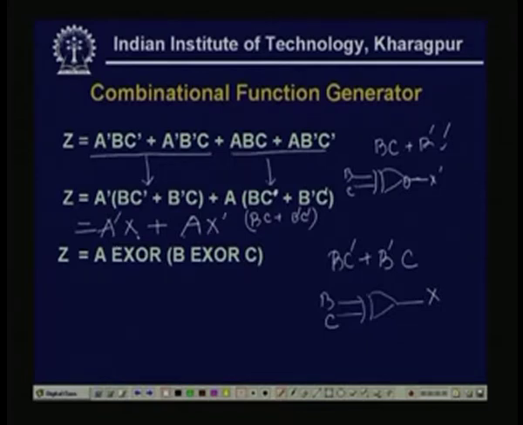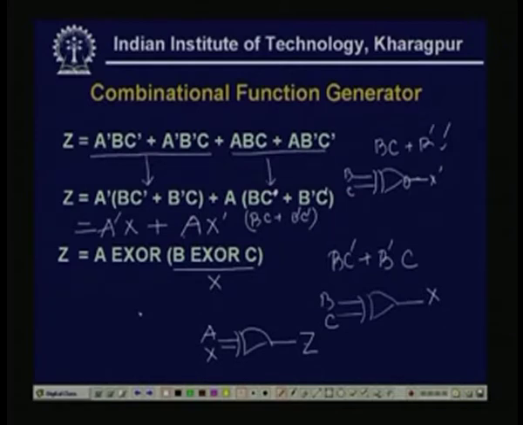Now, A dash X plus A X dash is A XOR X. So this expression becomes A XOR X, and this is my Z. And X is B XOR C.